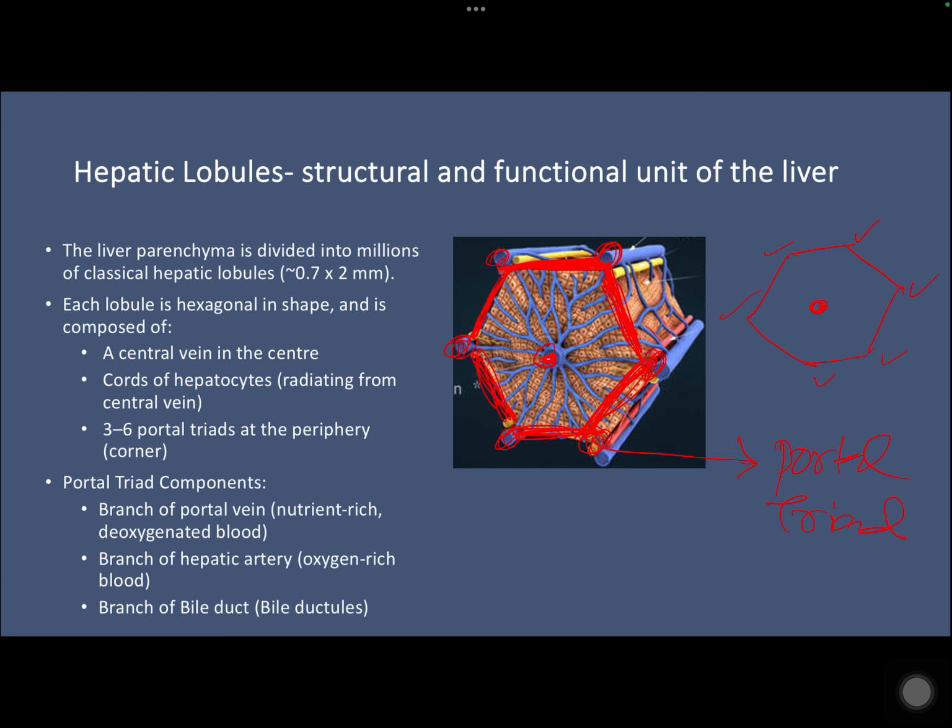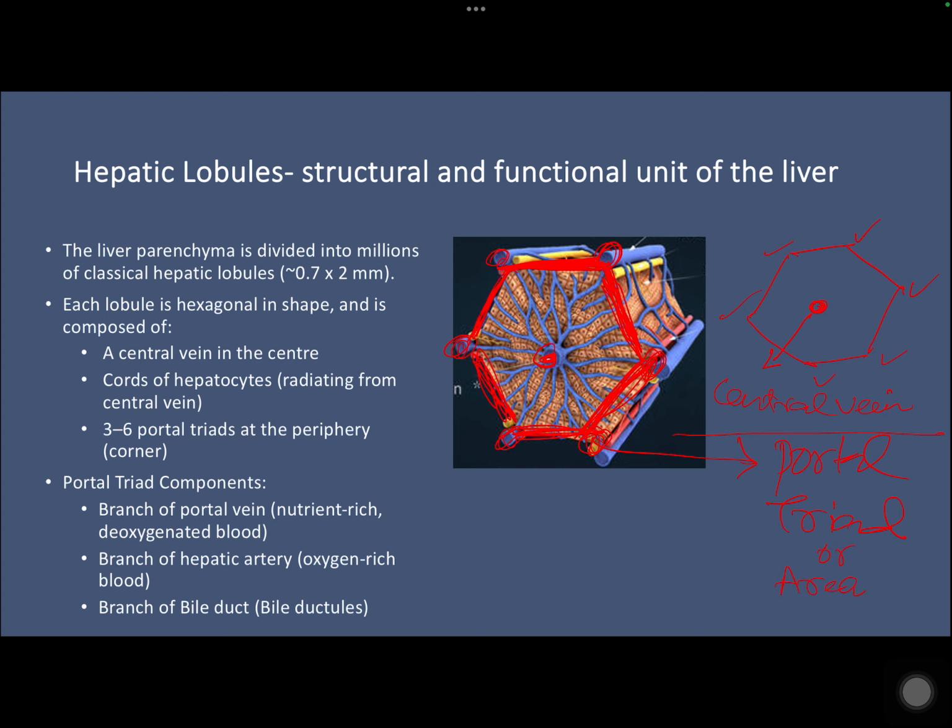So, the hepatic lobule has a central vein at the center, and at the peripheries it consists of a structure known as the portal triad or portal area.